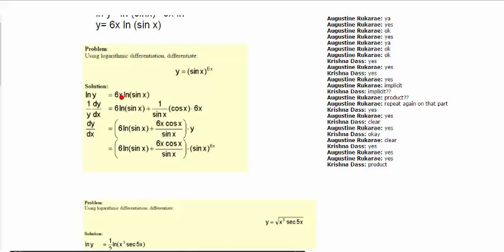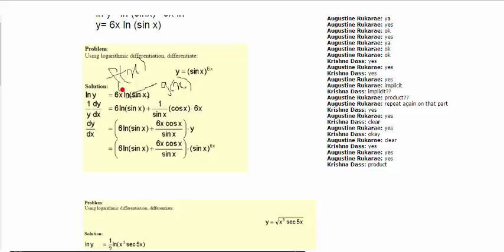So if I have 6x, I have to differentiate 6x first, that would be 6, and I have to leave g(x) as it is. So in this case, that's my f(x), and this is my g(x). Right?